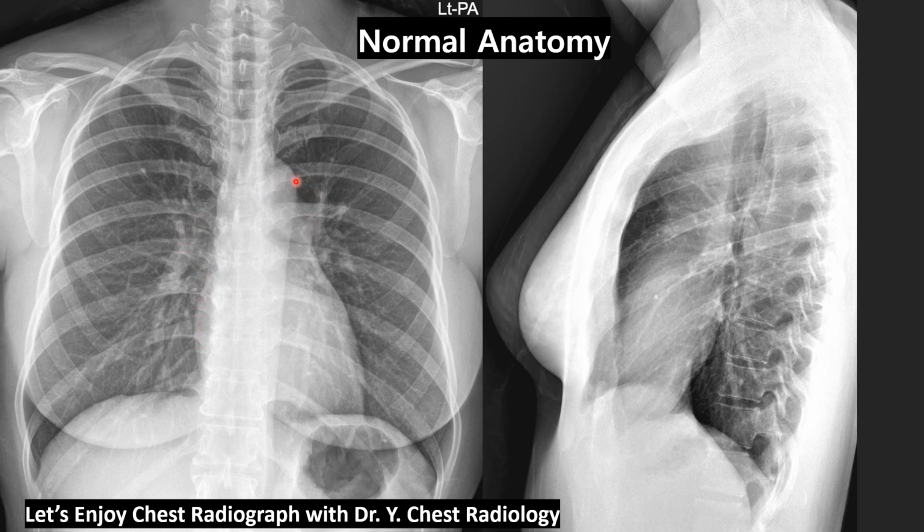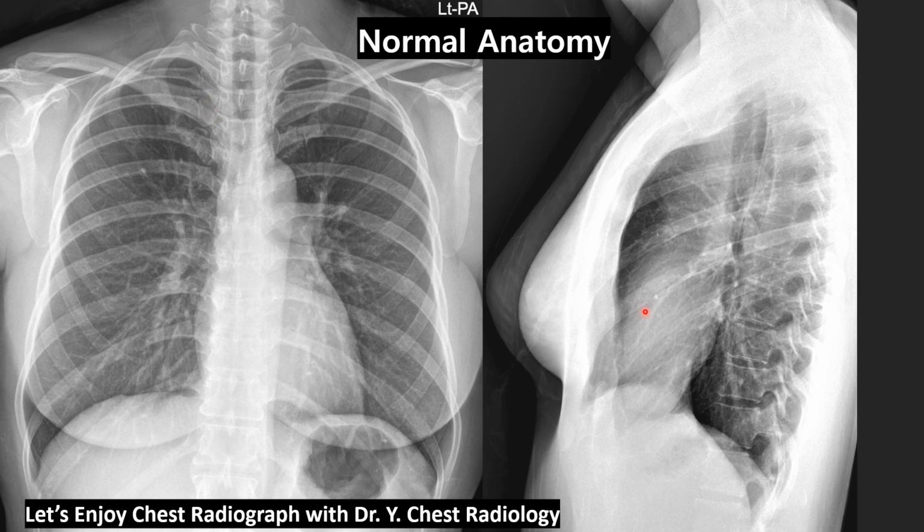That's why the name of this margin is so important: left subclavian artery, aortic arch, pulmonary trunk, flat sunken left atrial appendage, left ventricle, right atrium, superior vena cava, and right brachiocephalic vein. That's why this line is so important.